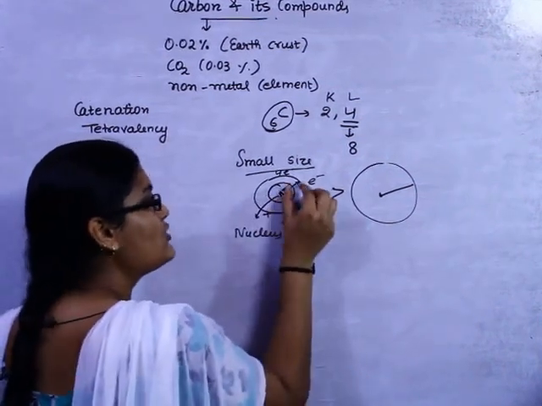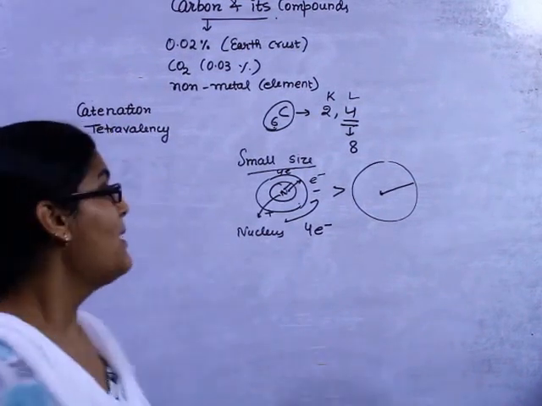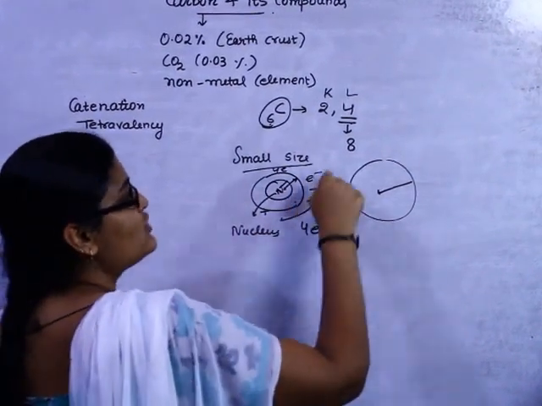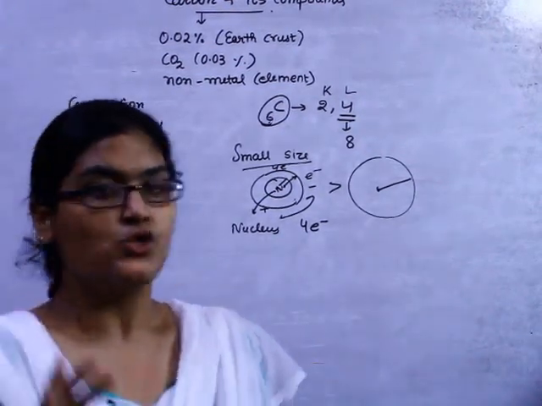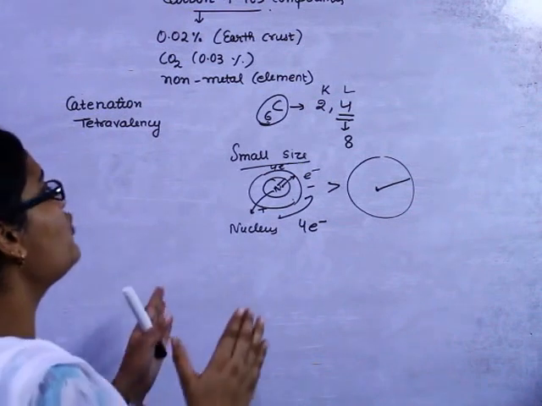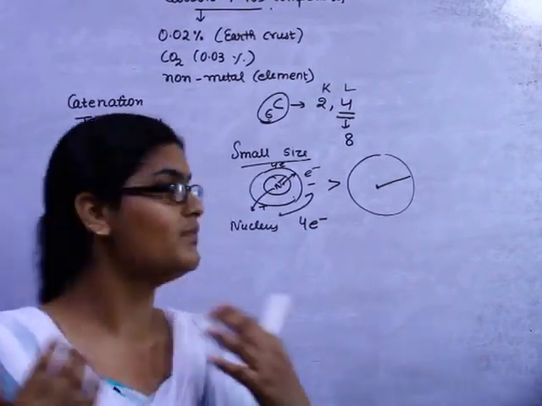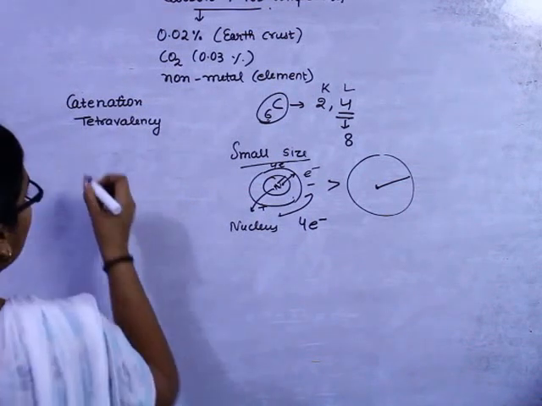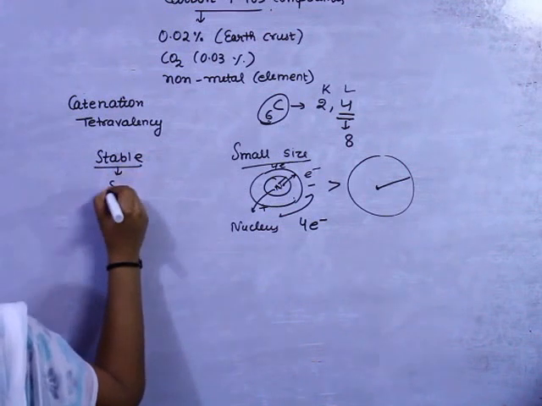So the nuclear force, which is responsible for holding electrons in the outermost shell, does not let these electrons be donated to any other element, as the nuclear force is greater. So the last option to make carbon stable and form stable compounds is sharing.